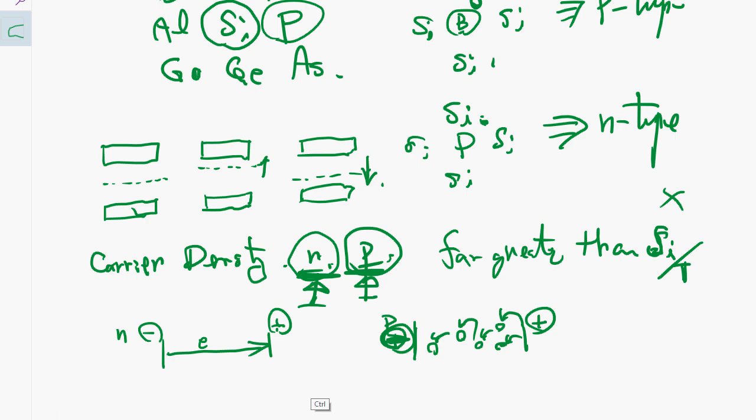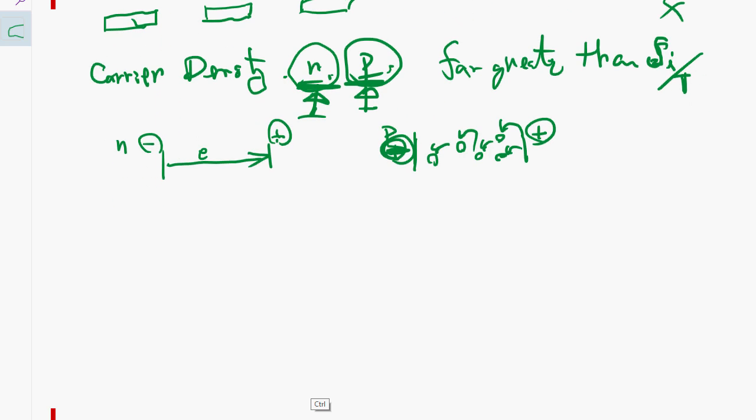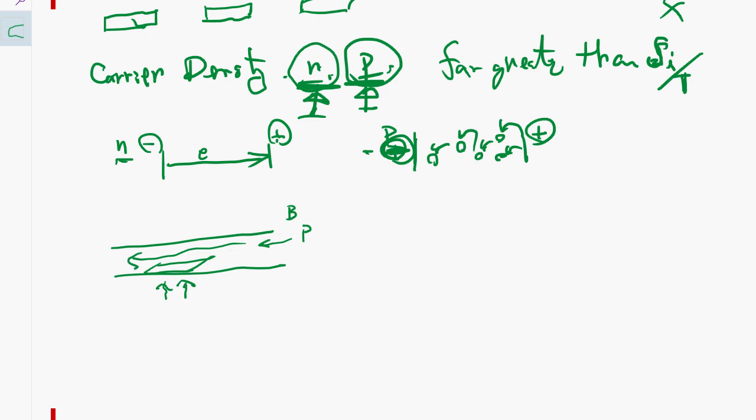Okay, so coffee time is over. Actually, how do we introduce the impurity to make N and P type? Well, they use a glass tube and put the silicon in and heat it up, and if it's phosphorus or boron, the gas goes through this tube.